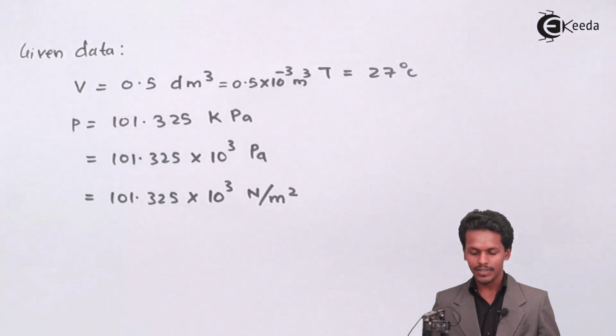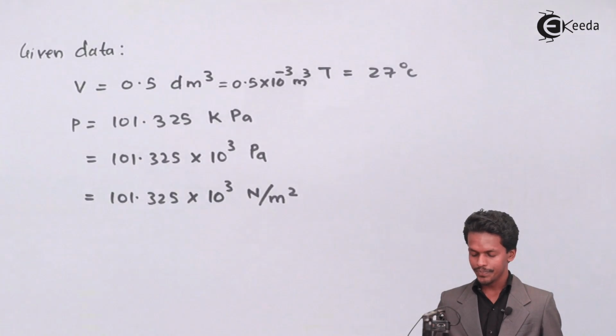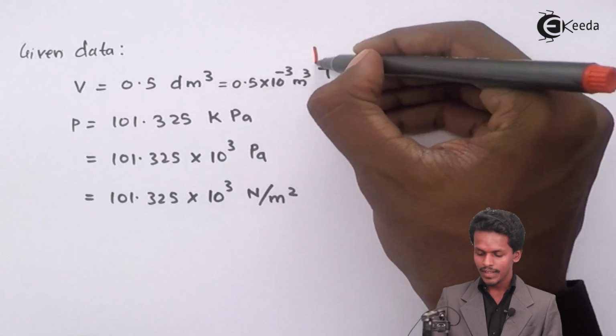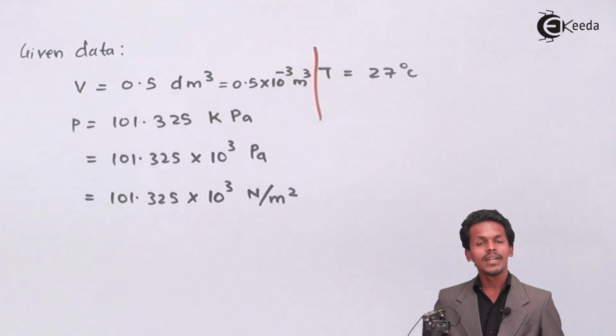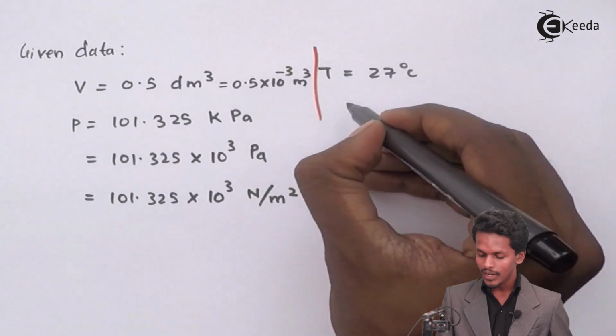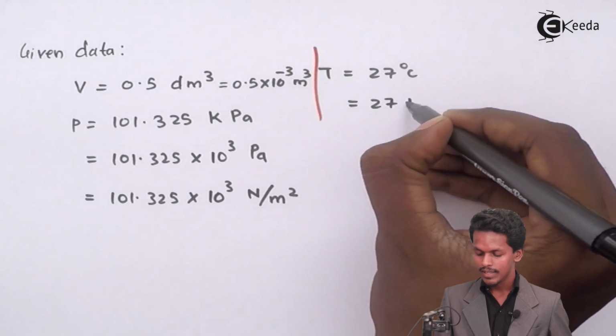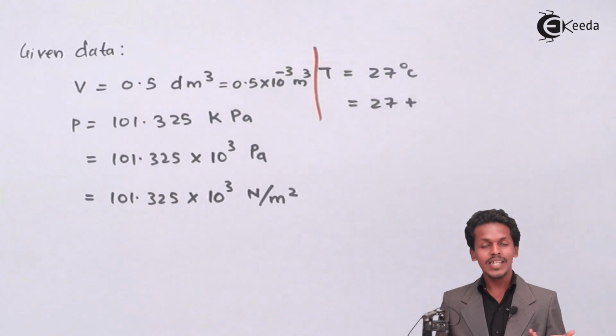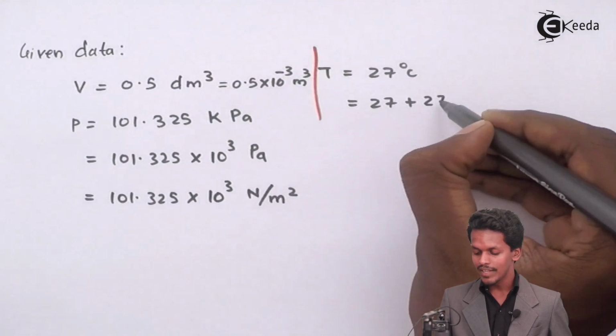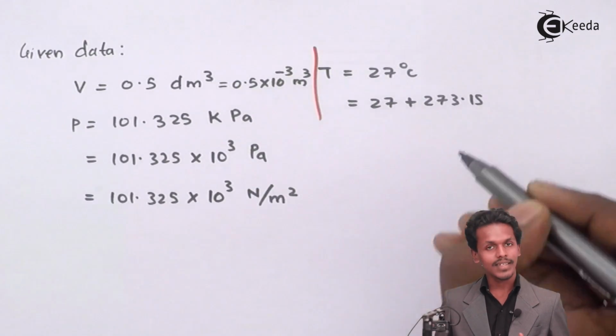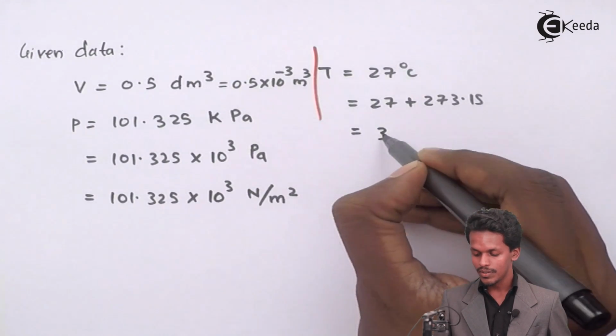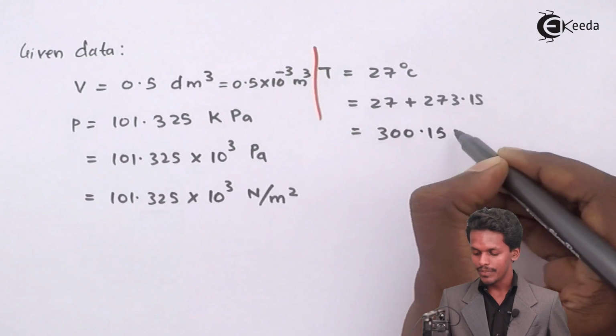Now talking about the temperature, it is given in degree Celsius, so we have to convert it into Kelvin. We add 27 degrees Celsius and 273.15 Kelvin, which gives 300.15 Kelvin.